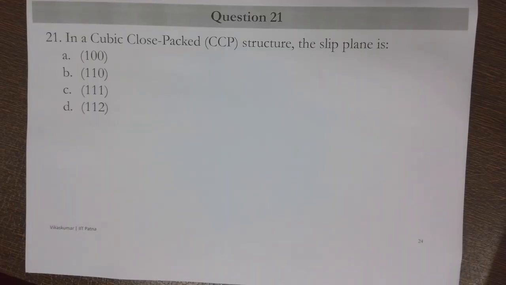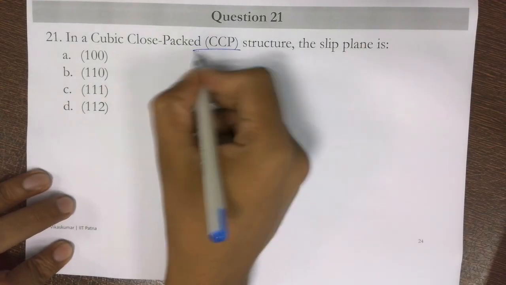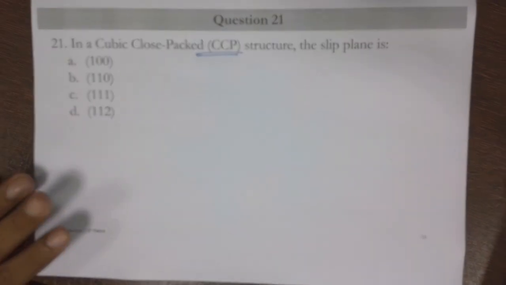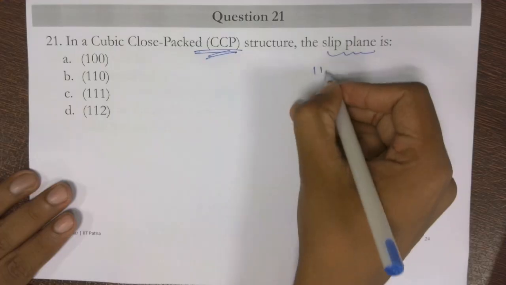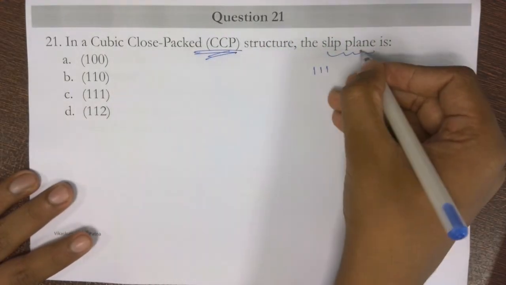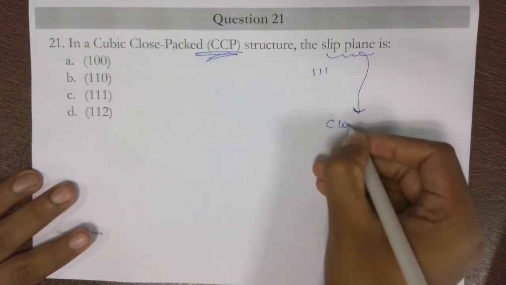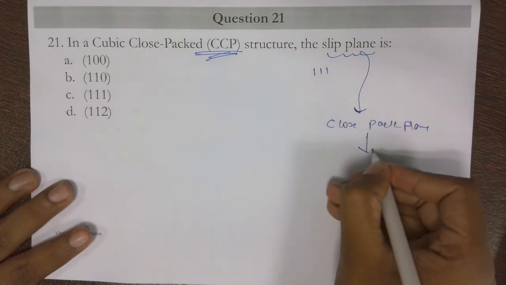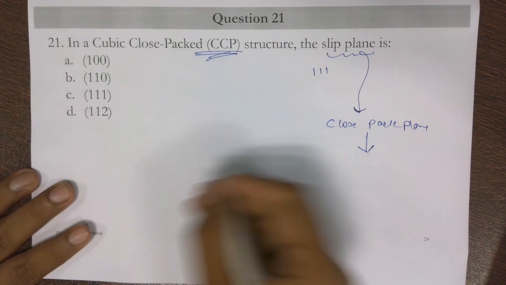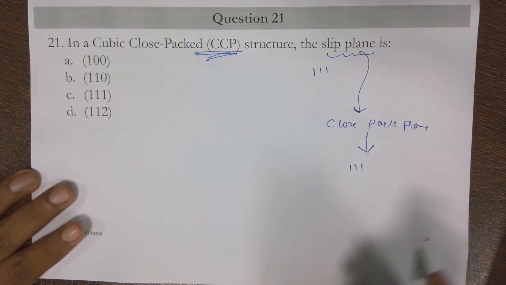Question number 21. In cubic close pack structure, the slip plane is, which has been discussed when we were discussing dislocations and all, right? For the cubic close pack, the slip plane we are talking about is the 111. We know that the slip plane is nothing but the close pack plane, and the close pack plane in the CCP is 111, right?